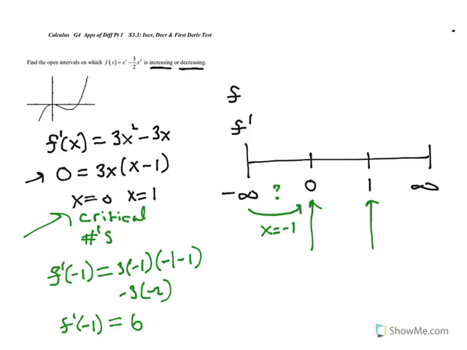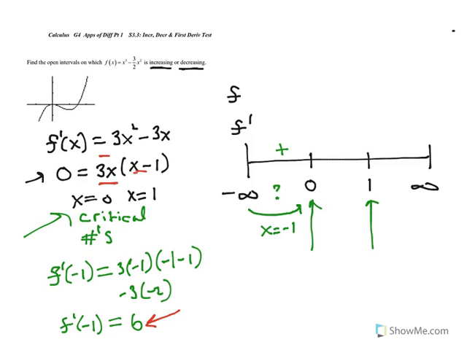So f prime is positive 6. So that tells us that f prime is going to be positive for any number that we test between negative infinity and 0. To shorten things up, you don't need to necessarily find the actual magnitude or size of this value. You just need to know whether it's positive or negative. So another way to do it is if you looked at your factored form. If I put a negative 1 into this particular factor, then that's going to work out to be a negative number of some sort.